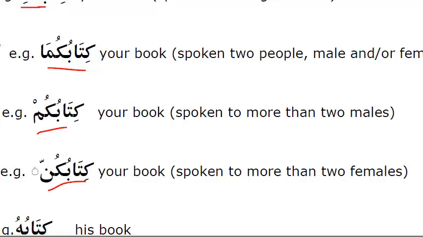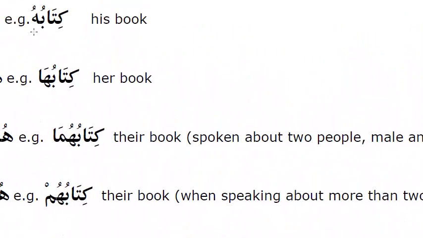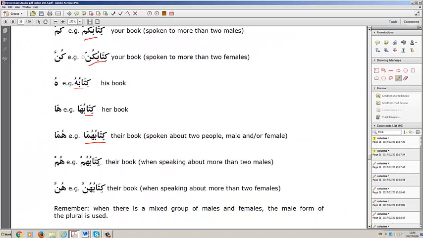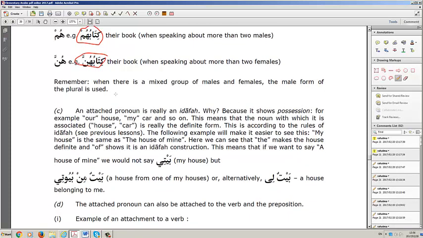And his book is kitabuhu, her book kitabuha, their book, and this is again two people, kitabuhuma. And when you're speaking about three or more males, you say kitabuhum, their book, and kitabuhunna, three or more females. And just remember that when there's a mixed group of males and females, it's normally the male form that is used.